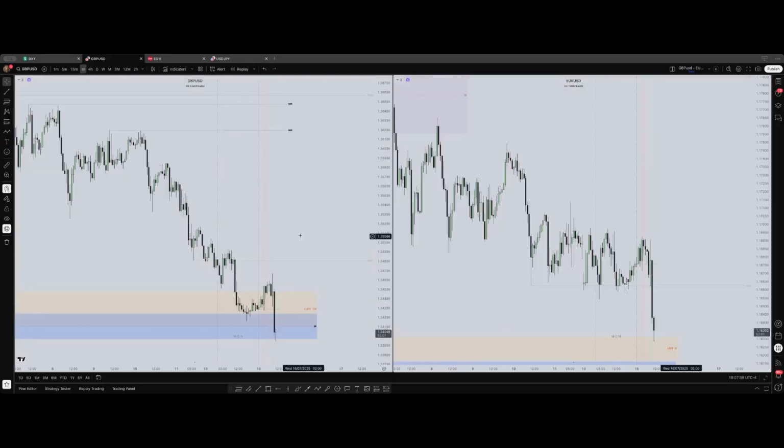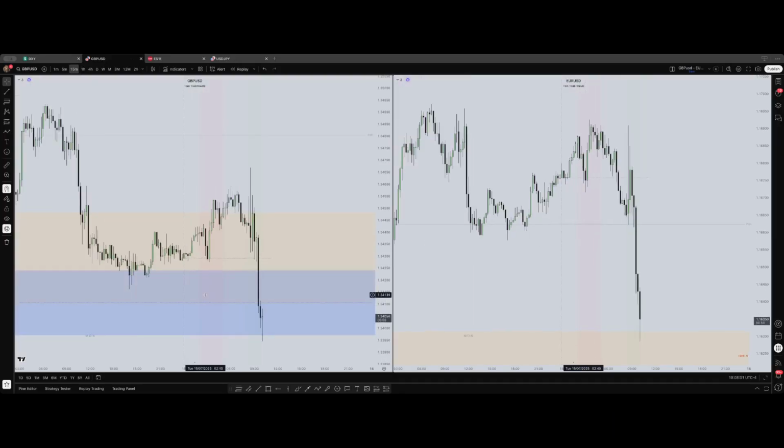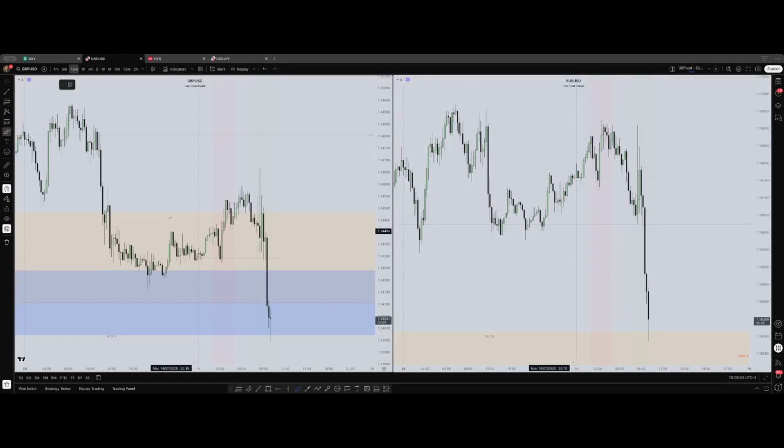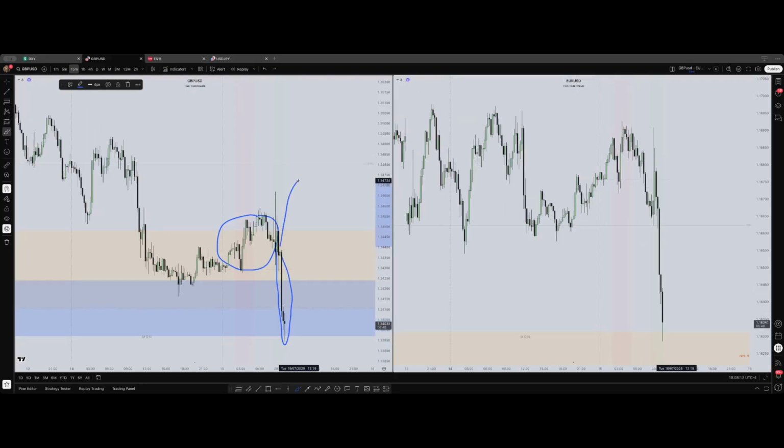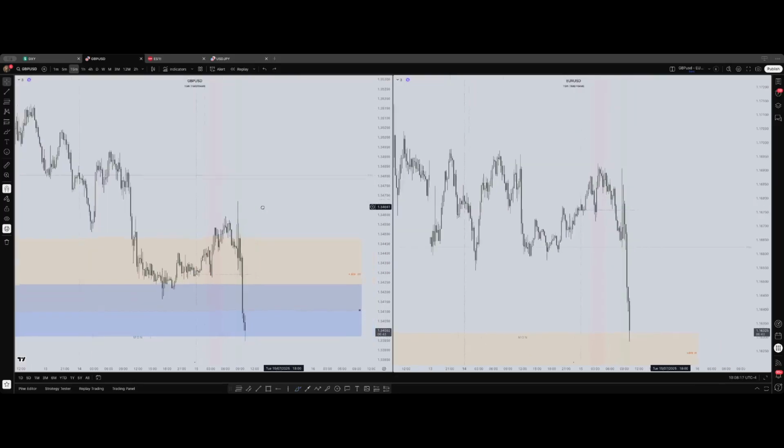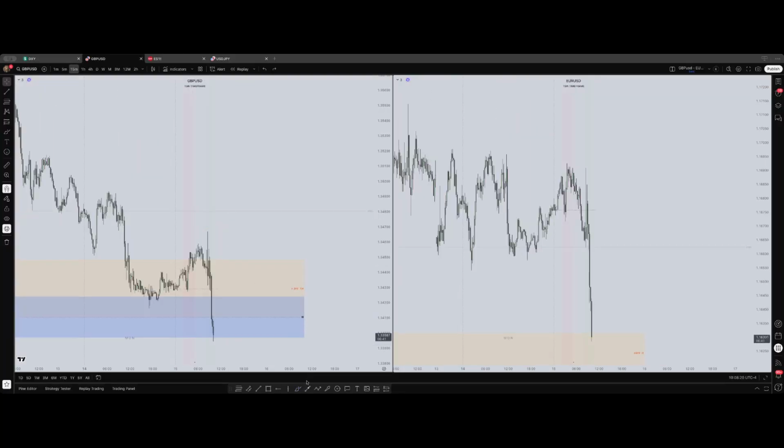So remember the power of three concept. Maybe, I'm just saying maybe, but this could be accumulation, the manipulation after the news, and then the distribution. I don't know if you're aware of this concept, but that's how a candle is made. Price opens here. Imagine the price closes here.